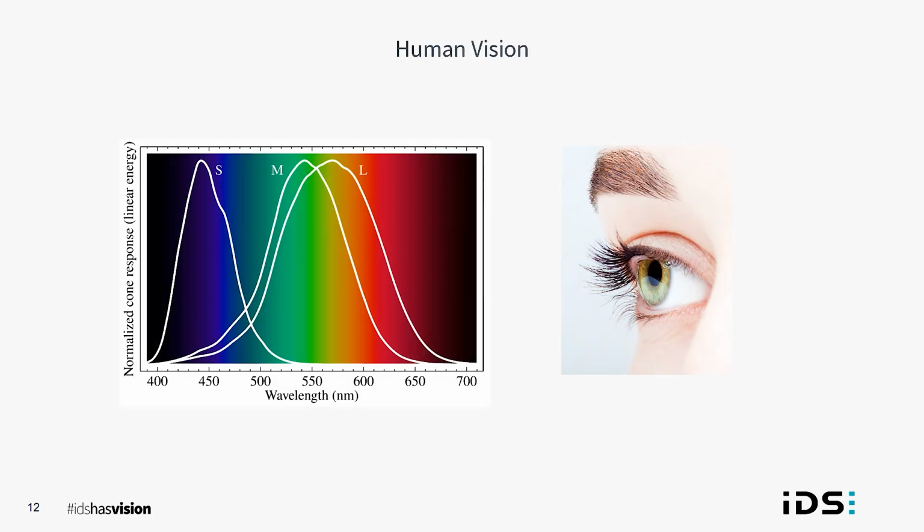Turning to human vision, our eyes contain cones which are sensitive to different wavelengths. The S cones are sensitive to blue, the M cones are mainly sensitive to green, and L cones to red. It is these cones that are responsible for our colour perception, and this just happens to kind of correlate with RGB colour representation that you will most likely be familiar with.